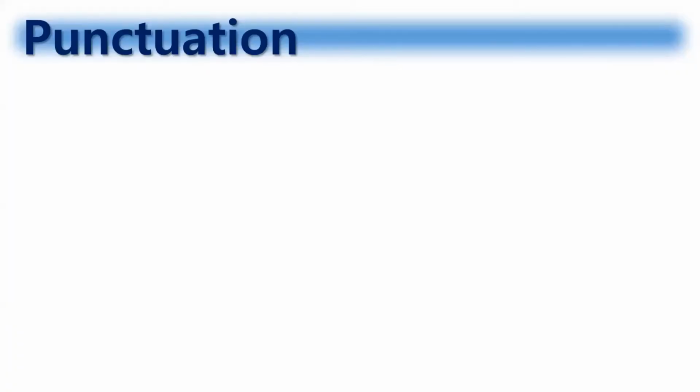Next topic is punctuation. Even though King Sejong the Great created Hangul in the 15th century, it never became the official writing tool during the Joseon Dynasty. The upper class simply ignored the value of a new writing system because it was too easy. Nobody could boast of mastering Hangul.